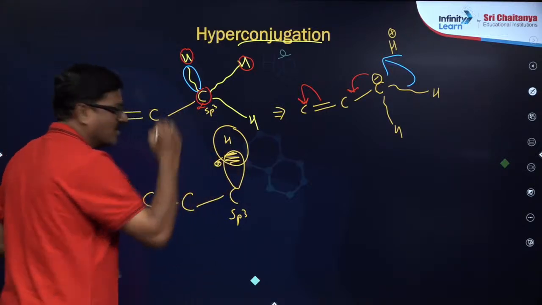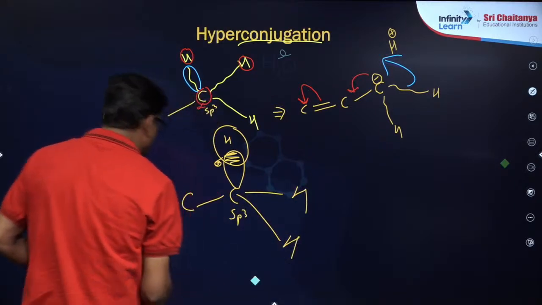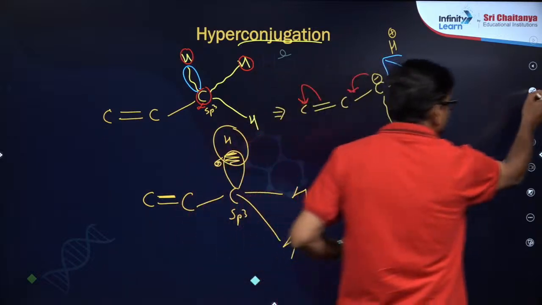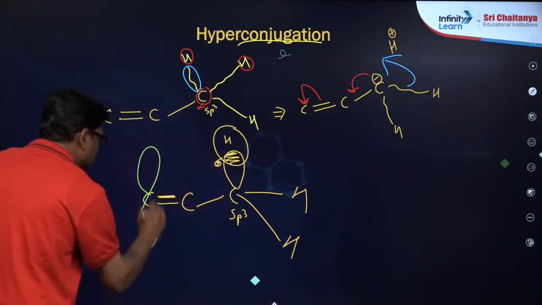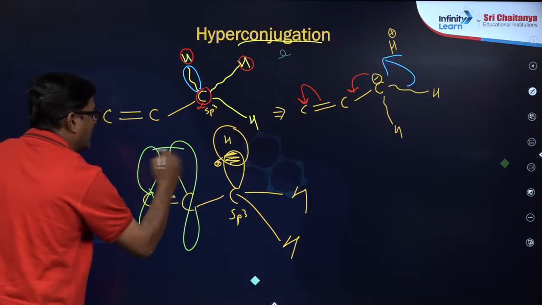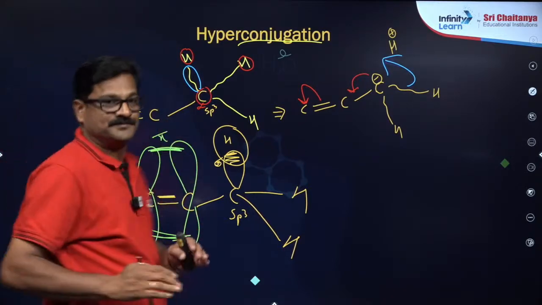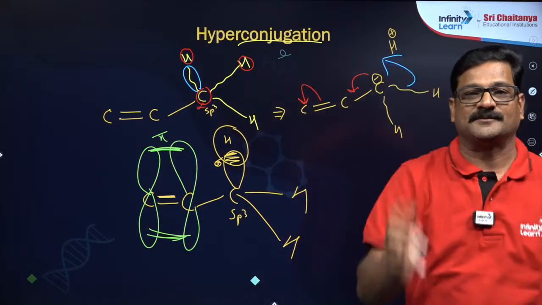This is called sigma bond, and this hydrogen, let it be here. And there is a pi bond. Pi bond means how it is appearing. A pi bond आपको देख रहा है ऐसे. There is a parallel overlapping. So this is called pi bond. Now pi bond and the sigma bond नजदीक में है.